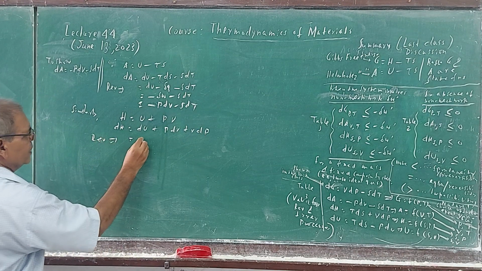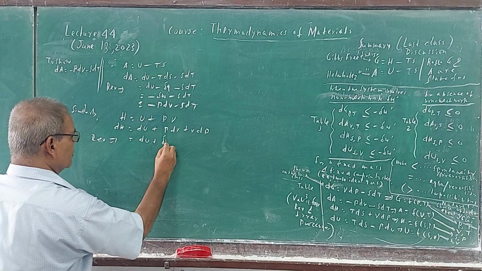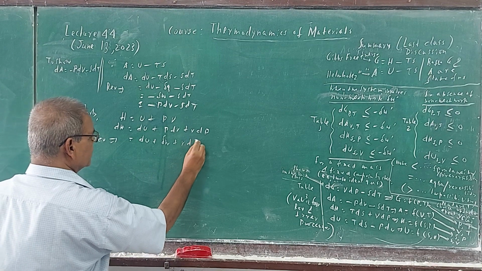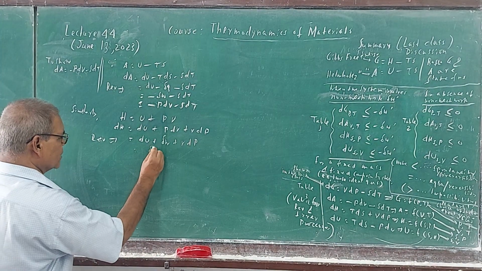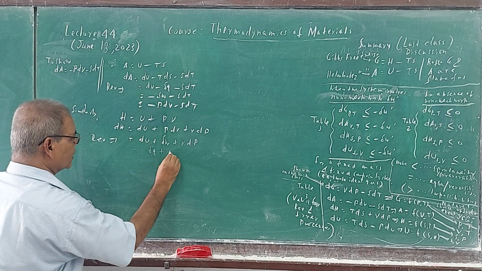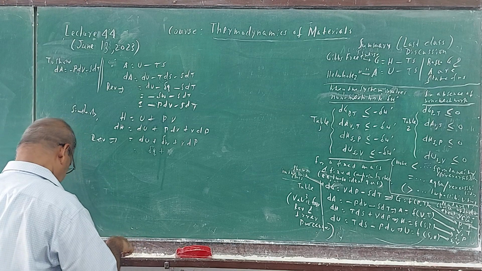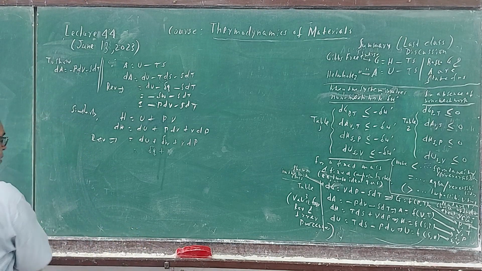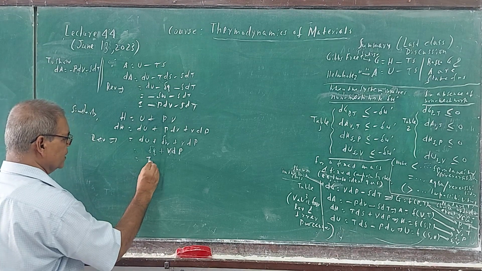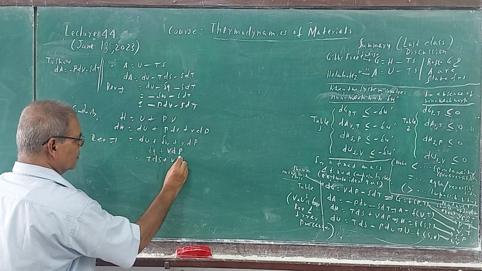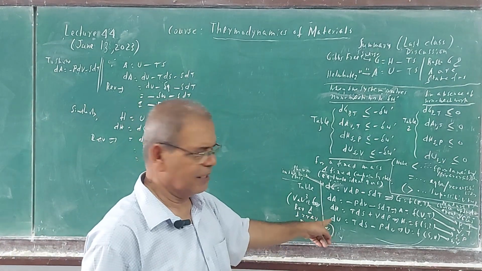PdV is dW, and dU plus dW is dq by the first law, so dq plus VdP. What is dq under reversible condition? TdS. So dH is TdS plus VdP.